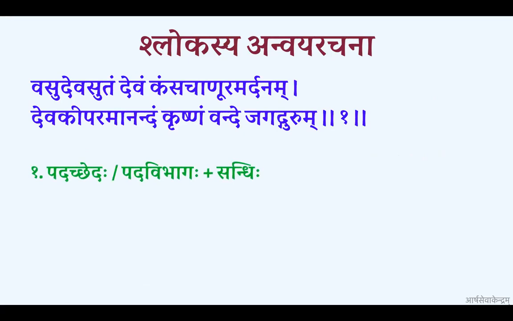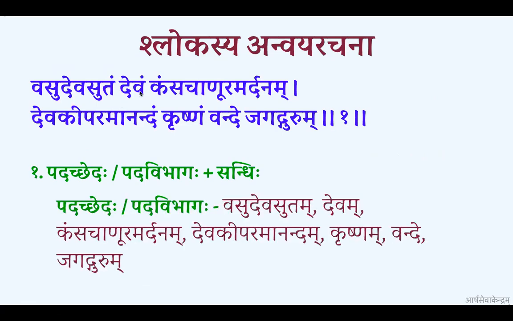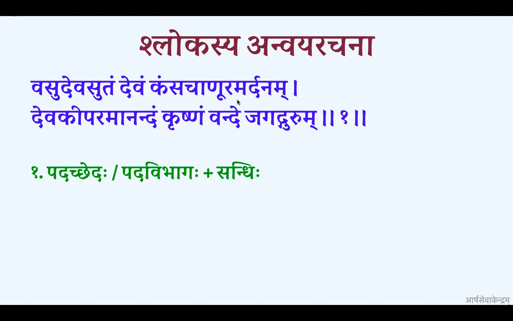So the first thing we need to do is Padachedaha or Padavibhagaha. So we have to identify the different padas in this shloka. So what are the different padas? Vasudeva Sutam, is this one padam? Yes. And then Devam.